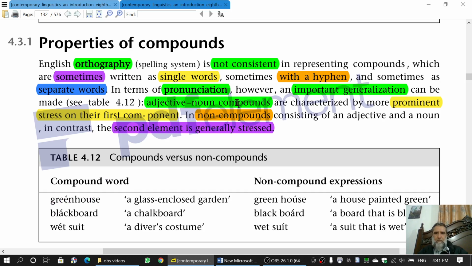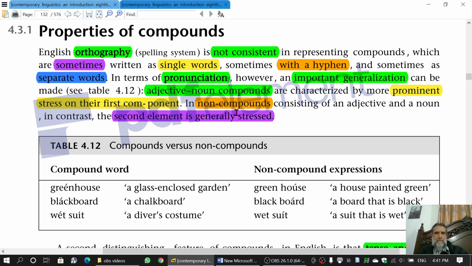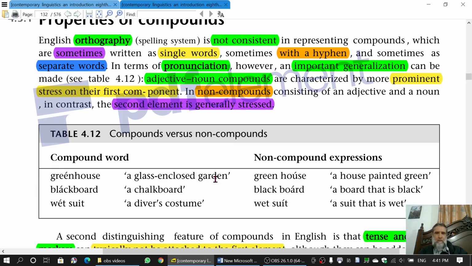If such is the compound, then the stress, which is relevant with pronunciation, should fall on the first component. So in this case, when it is used as a compound, the stress is on the first one. We say greenhouse, which is a glass enclosed garden in which plants are kept. So the stress falls on green, which is the first component.